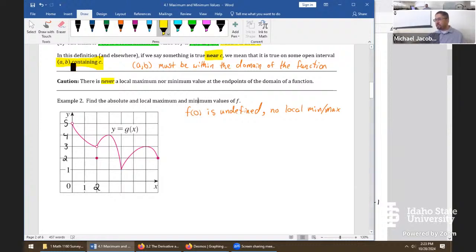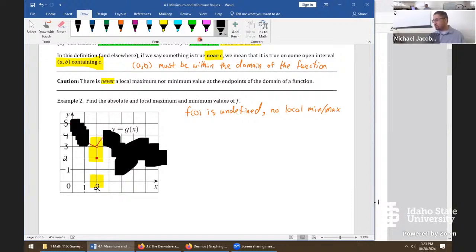I'll visualize the open interval just by doing some highlighting. So here's our interval. It looks like it goes from about 1.5 to 2.5, and it means we're only looking at this part of the graph, the part right above it. Everything else is now a gigantic distraction, so let's just wipe it out. And we're interested in that value right there.